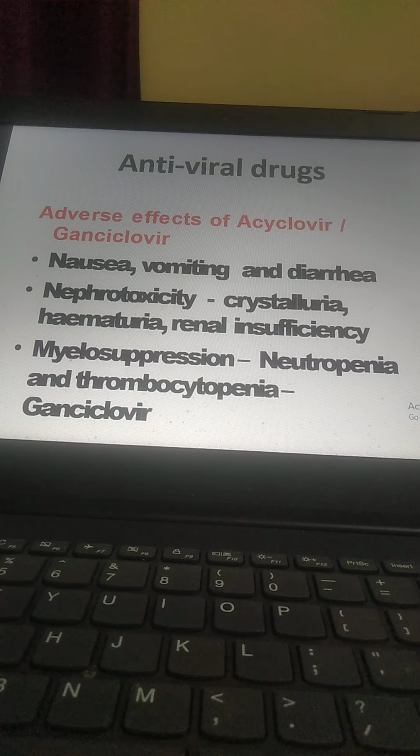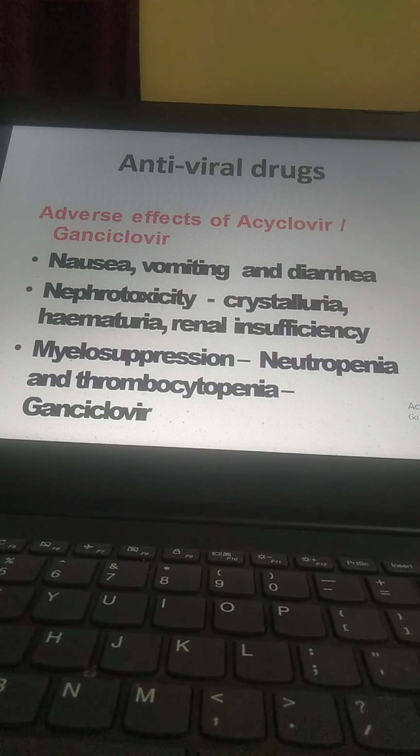Then adverse effects of acyclovir, ganciclovir: nausea, vomiting, and diarrhea. Nephrotoxicity, crystalluria because they are nephrotoxic. Hematuria, renal insufficiency. Myelosuppression, so there is neutropenia and thrombocytopenia with ganciclovir. So they have a lot of adverse drug reactions and side effects. Nausea, vomiting are prevalent there, and diarrhea also.